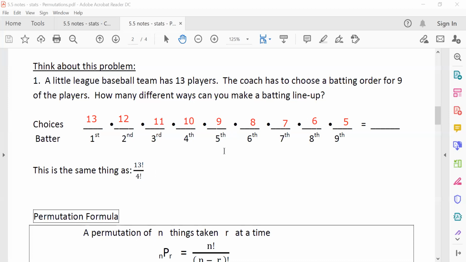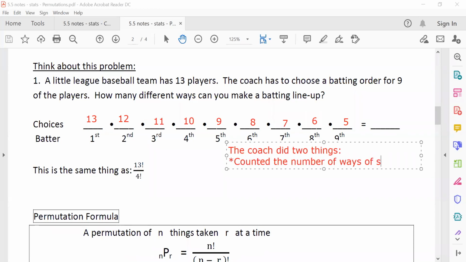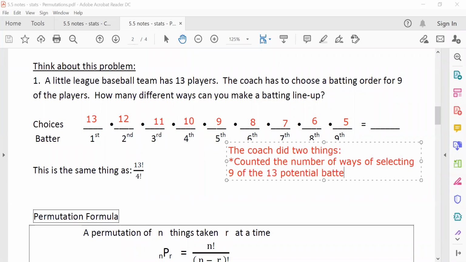But basically, the coach did 2 things here. First, we counted the number of ways of selecting 9 of the 13 potential batters.